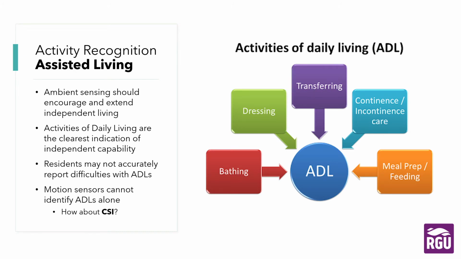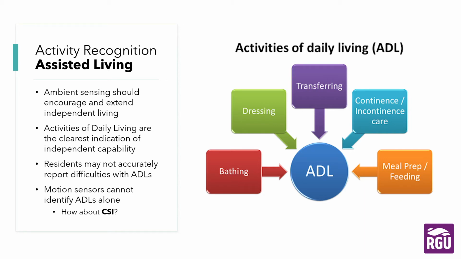Now, activity recognition is quite a diverse area, and in assisted living, we actually have quite a narrow focus. For us, this ambient sensing should allow residents to feel more comfortable living independently for longer. The term activities of daily living refers to many of the activities that we do in daily life, such as bathing, food preparation, getting dressed, etc. By monitoring the performance of these ADLs, we can keep track of a resident's independent capability.